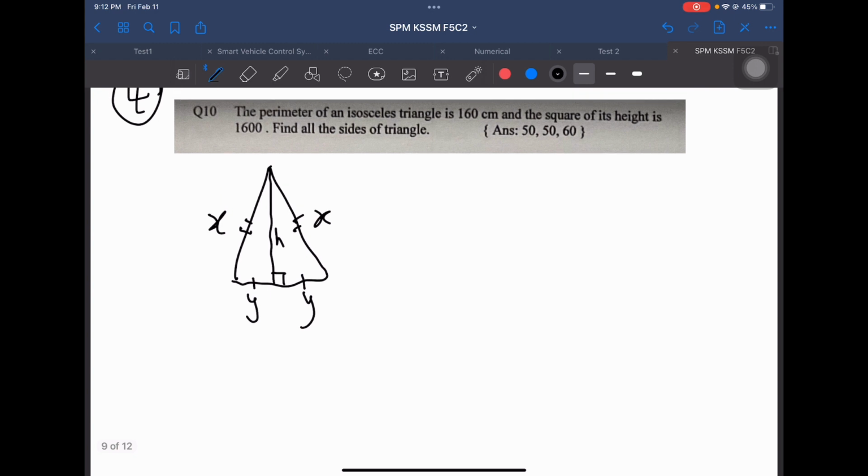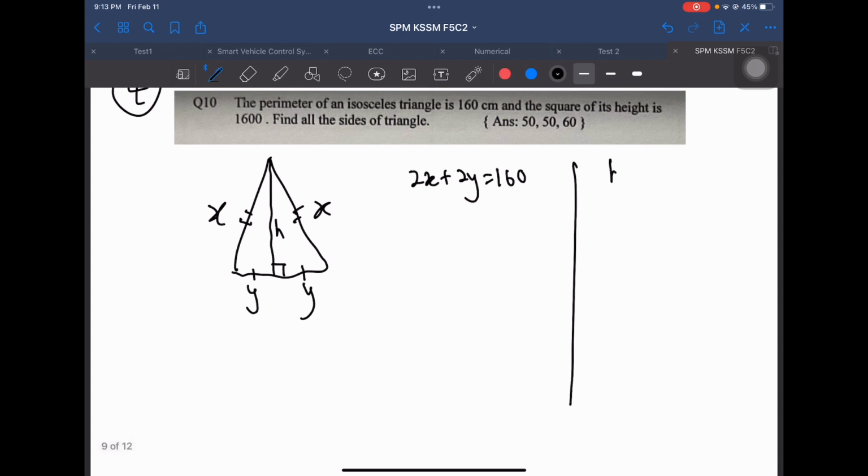So by using the information given, we know that 2x plus 2y equals 160, and the square of its height, h squared, is 1600. So let's do the left one first. Simplify it.